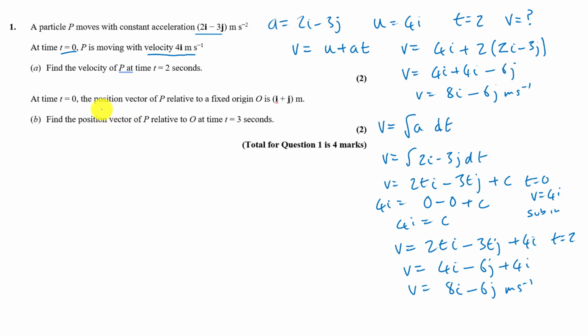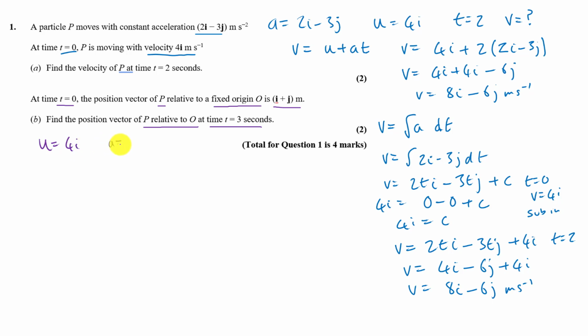Now let's look at part B. At time t equals 0, the position vector of P relative to a fixed origin O is i plus j. Find the position vector of P relative to O at time t equals 3 seconds. So from before we still have u equals 4i.